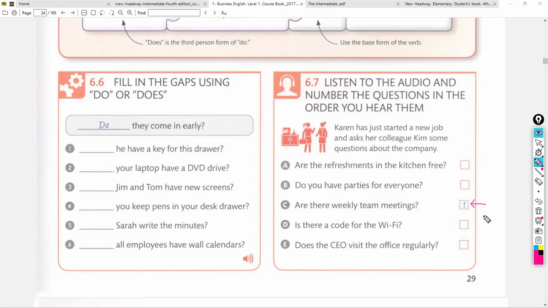So this is it. Now, what do you think about ordering the questions? Yes. Okay. But number one is false here, I think.